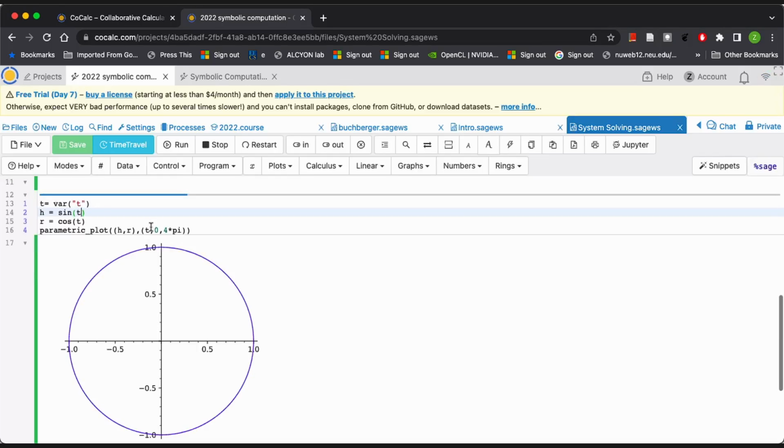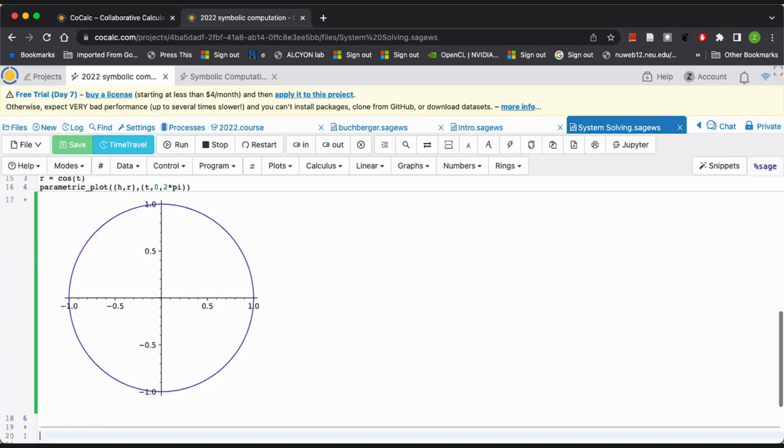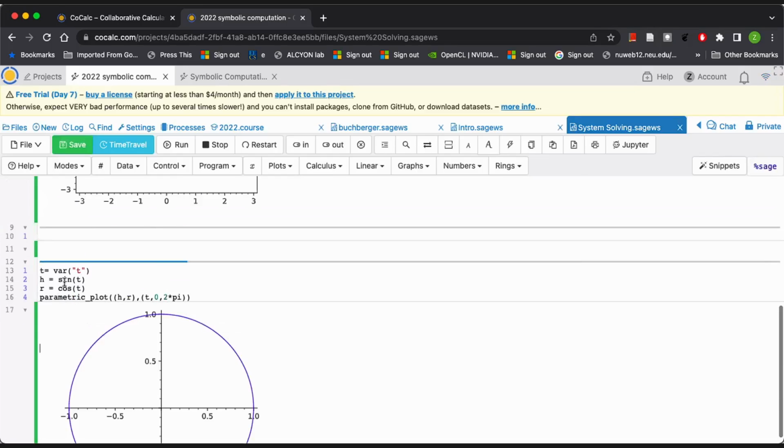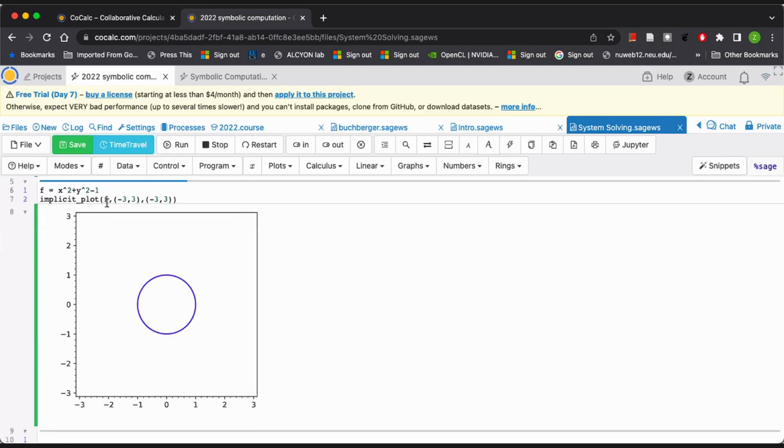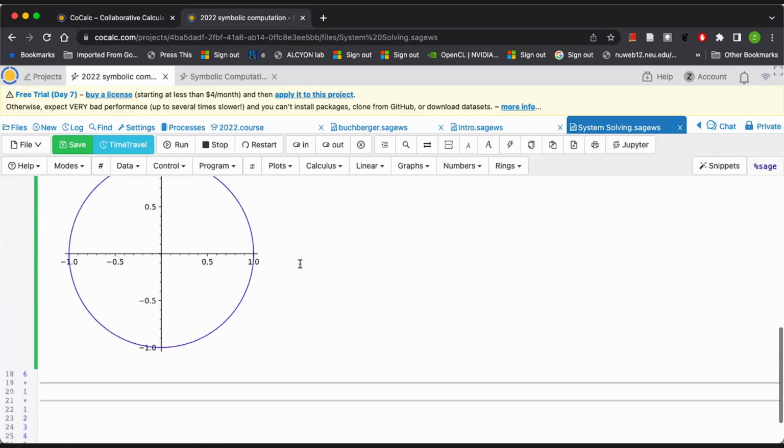We just said take t from 0 to 2 pi, and it produced all the points just by evaluating these two functions. Here, we cannot do the same. We don't know how to find the points. We have to find all the solutions to this equation, and that's hard. So if we want to plot, definitely parametric form is better.